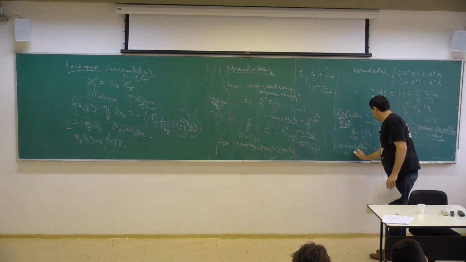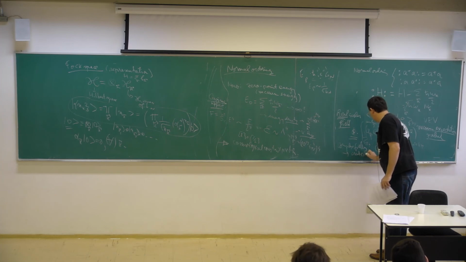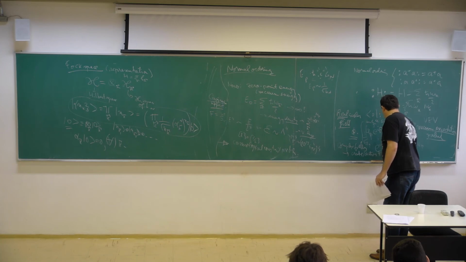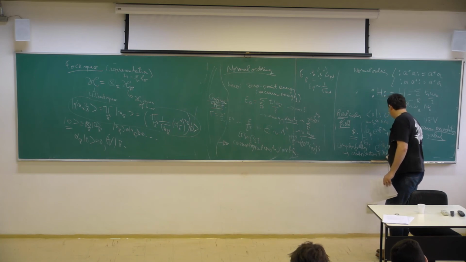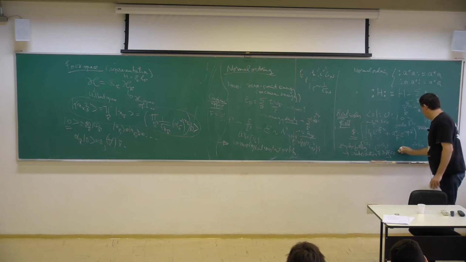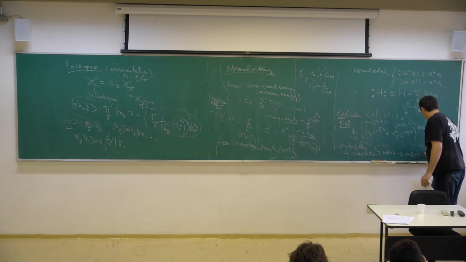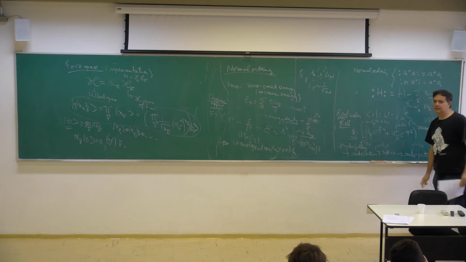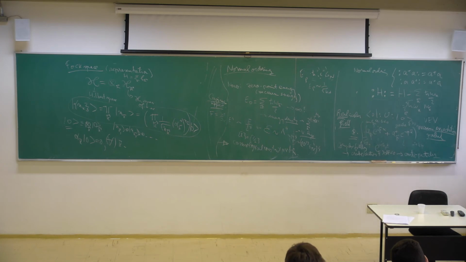We will create and destroy both E positive and E negative, and that will come with the concept of antiparticles. So the negative energy states in some sense are related to the existence of antiparticles.